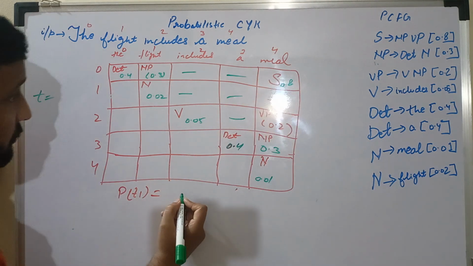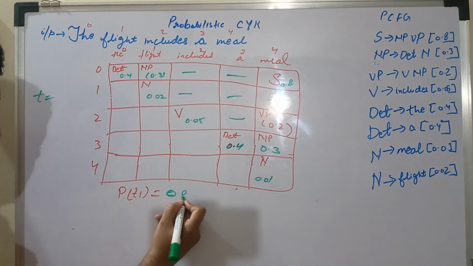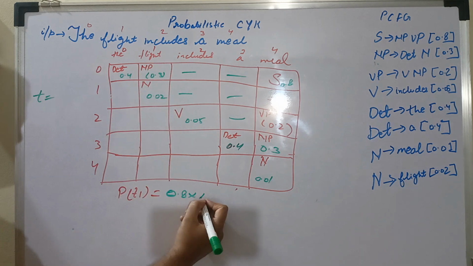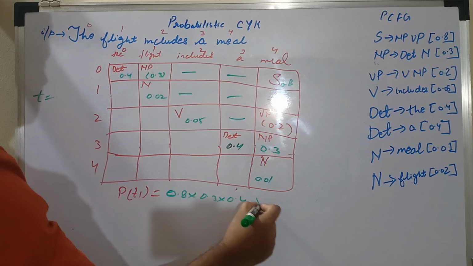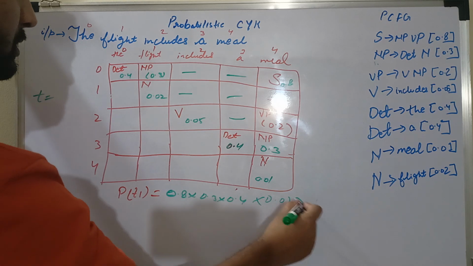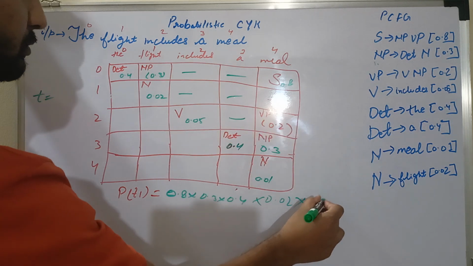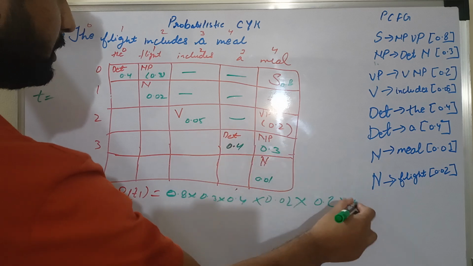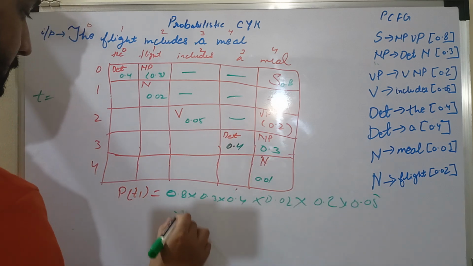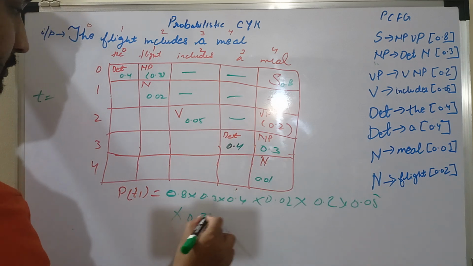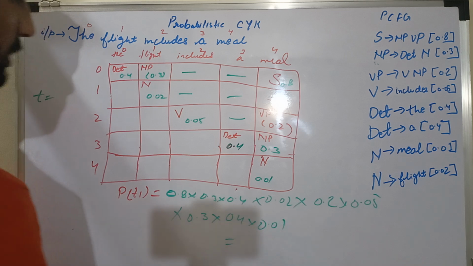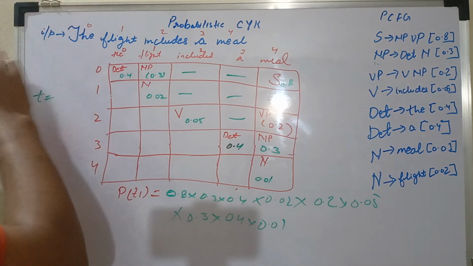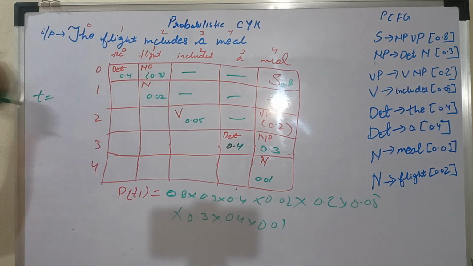We will multiply all of these. So 0.8 into 0.3 into 0.4, the next row 0.02 into 0.2 into 0.05 into 0.3 into 0.4 into 0.01. Whatever you calculate becomes your total probability for this sentence using this PCFG.